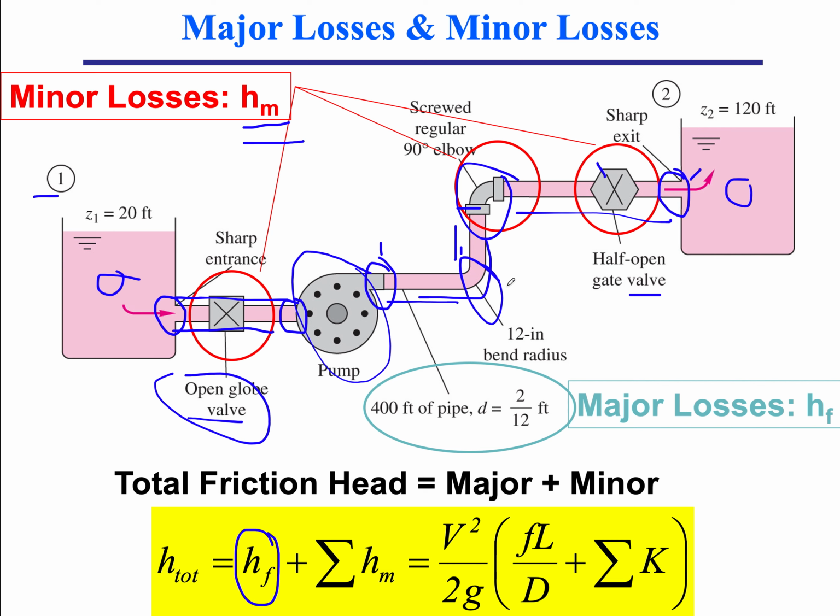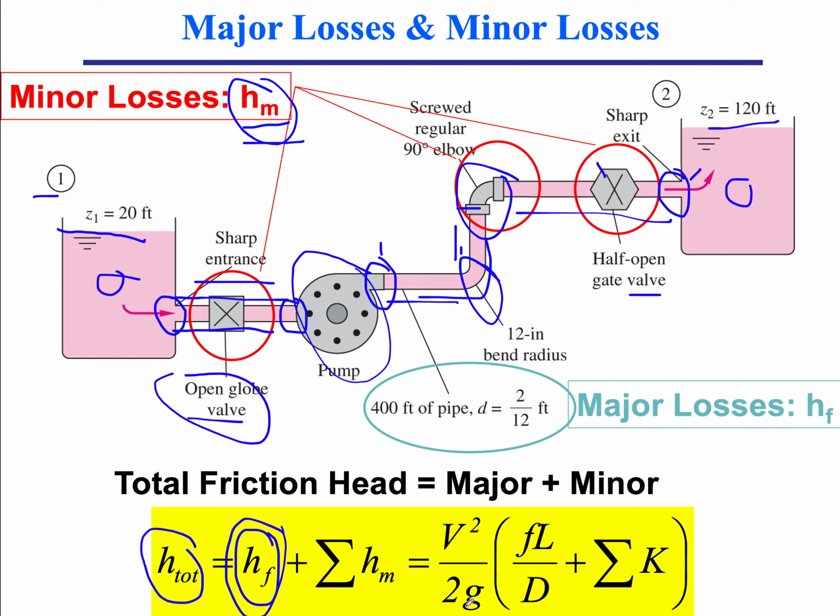So I sum the friction head losses associated with those fittings, and I sum them up with the friction head losses associated with the straight segments of the pipe, and that would be the total head loss for my system, if we're eventually doing the energy equation between level 1 and level 2. The HF, the contributor to the friction head loss, is all these pipe fittings as well as the straight segments of the pipe.